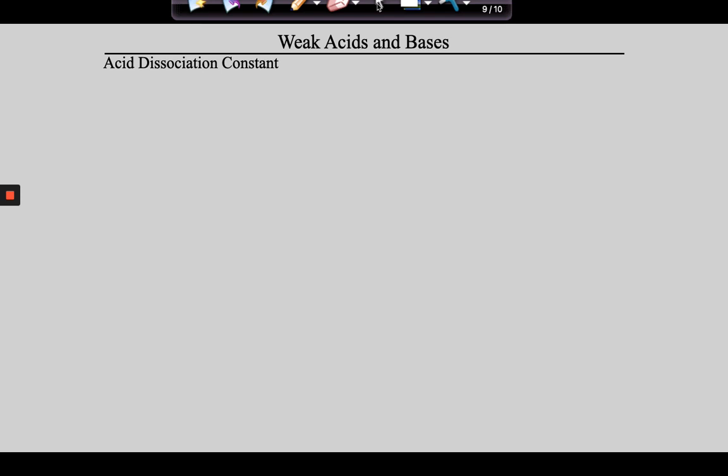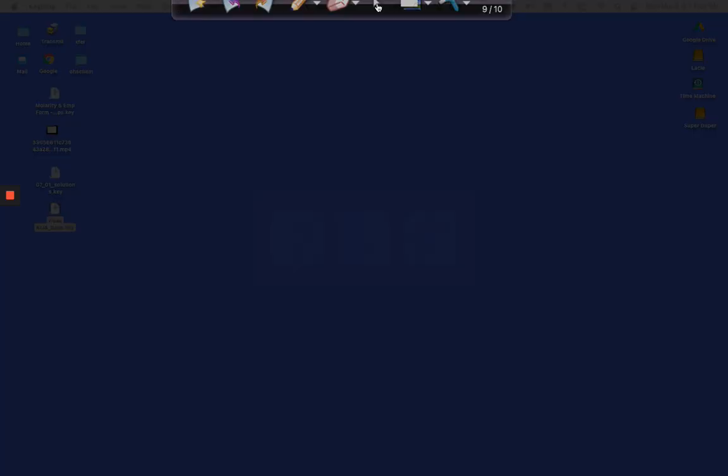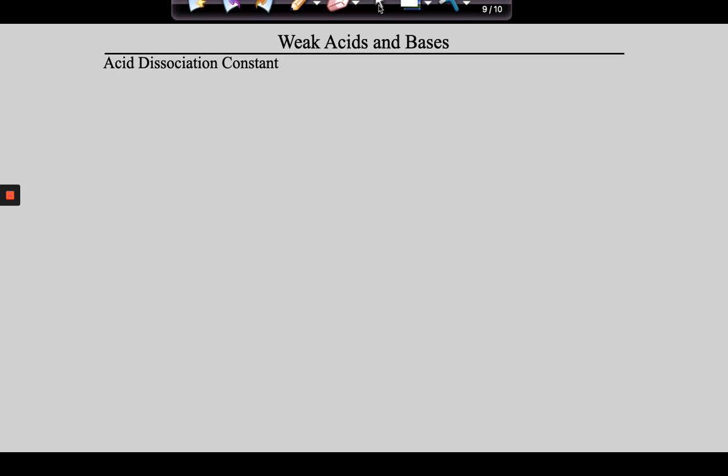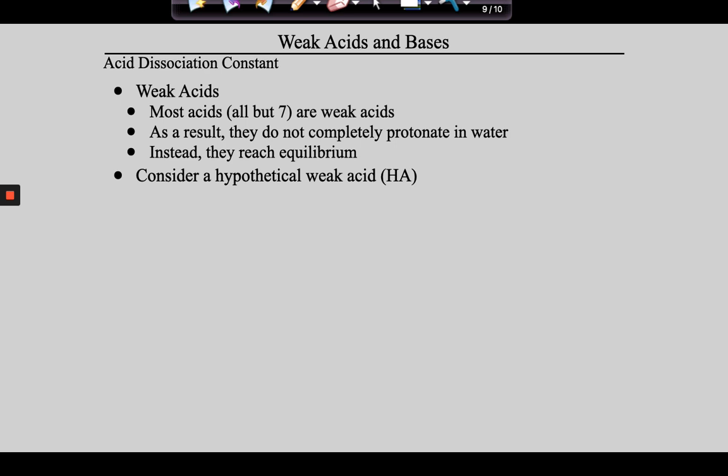All right. So guys, don't write this down, but we understand that weak acids are acids that are not the big seven. They are not the strong acids, but they, by definition, are acids that do not completely protonate in water. Instead, they reach equilibrium. So this is what you need to do in your notes.